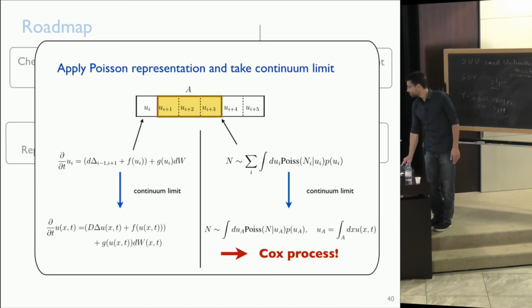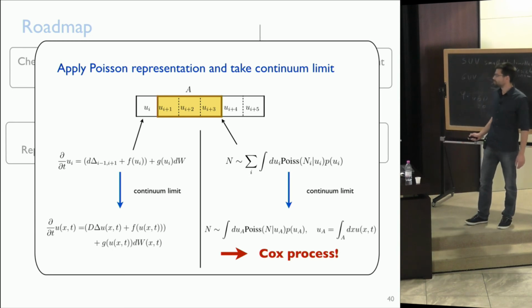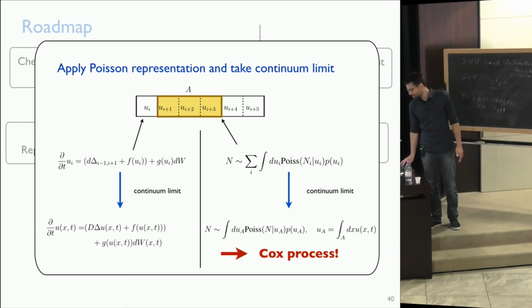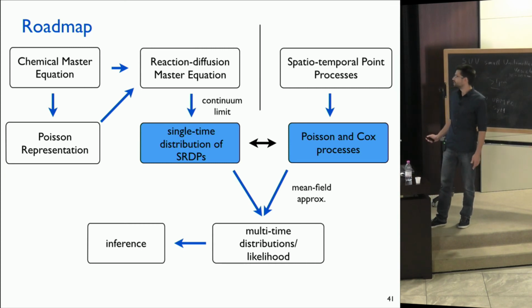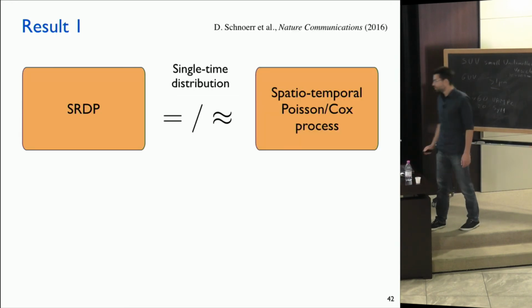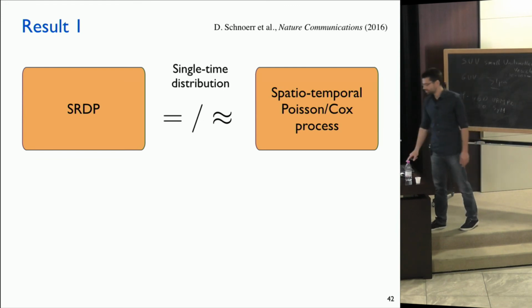So for these single time probability distributions, we have now already arrived at our correspondence between the reaction diffusion processes and the Cox processes. And we don't just show that there exists some Cox or Poisson process that approximates a single time distribution.